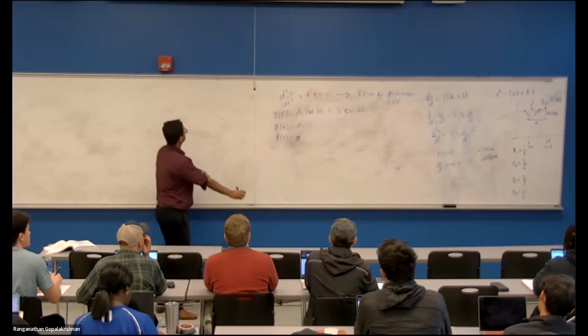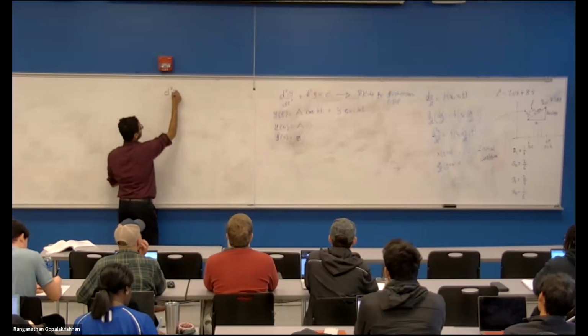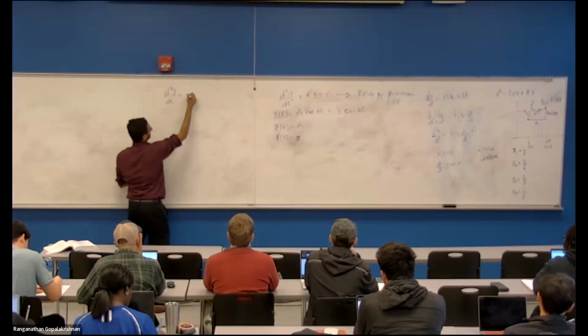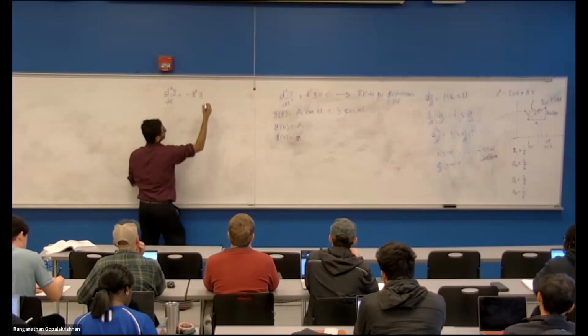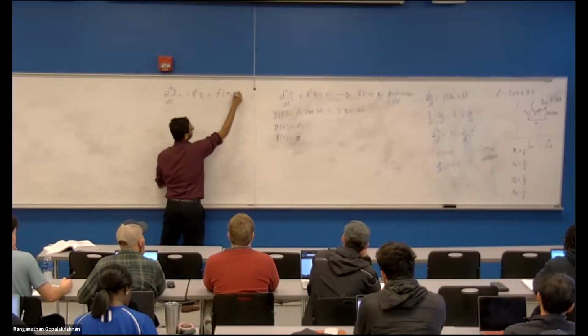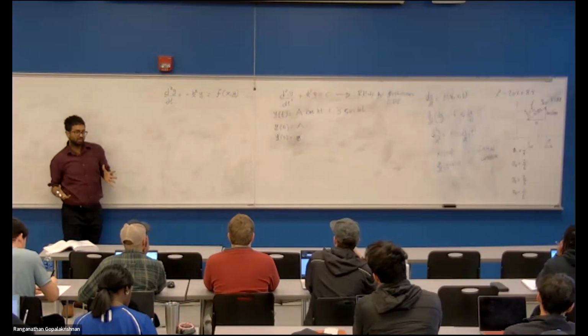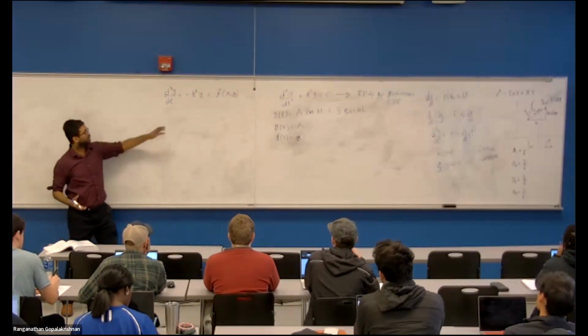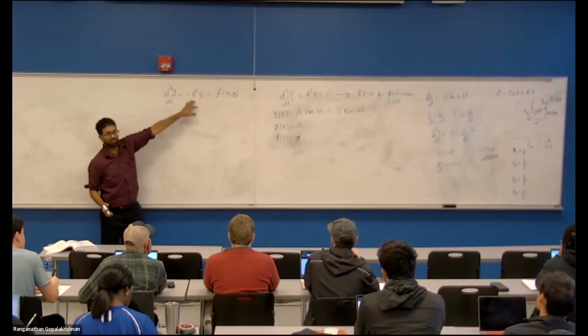If I take this equation, d squared y over dt squared is minus k squared y. I can generally write this as f of x comma y, can't I? Just calling it a function of x and y, even though x doesn't appear here.